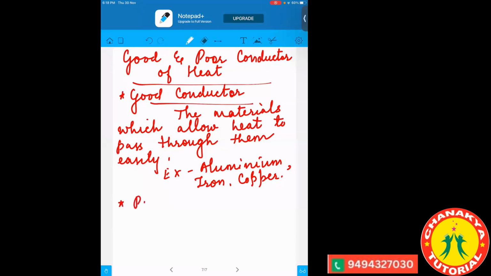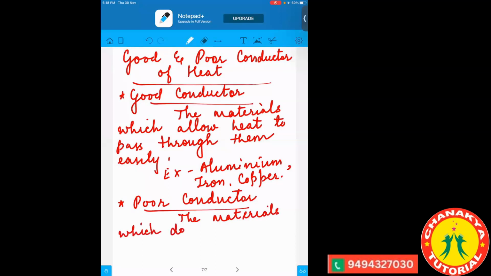Then the second one is the poor conductor. The materials which do not allow heat to pass through them easily are called poor conductors of heat.